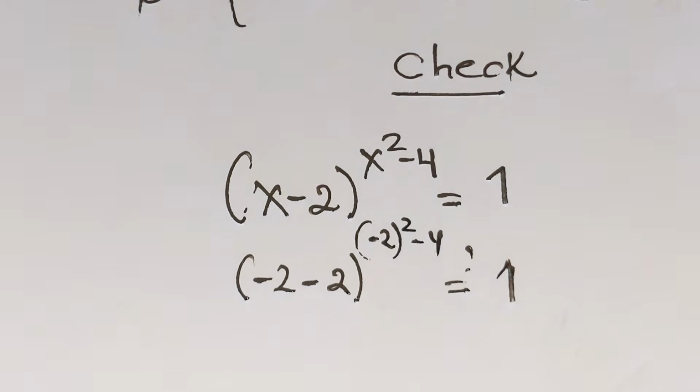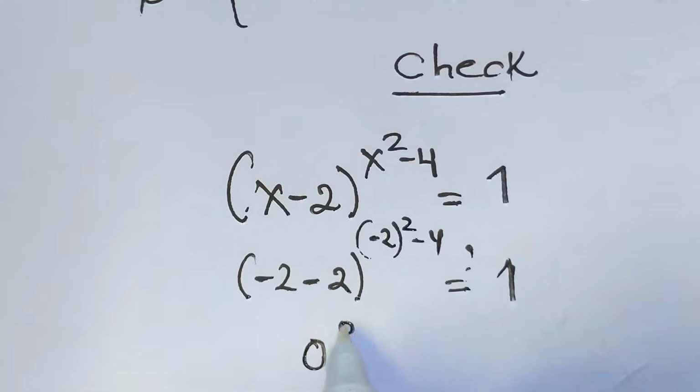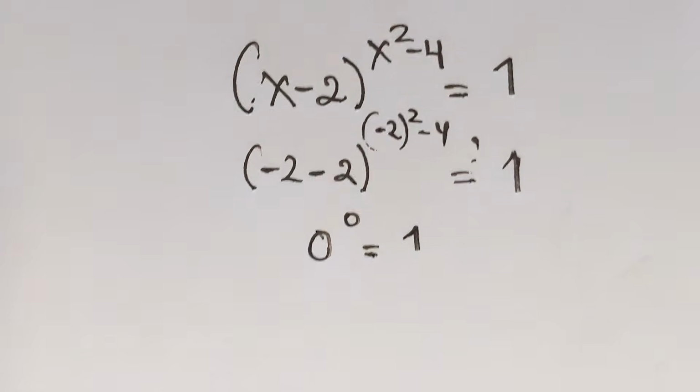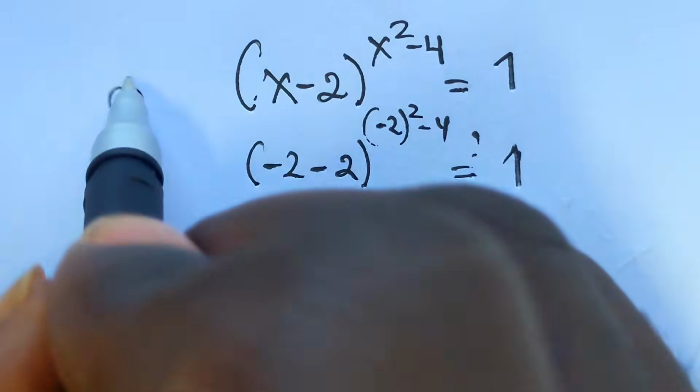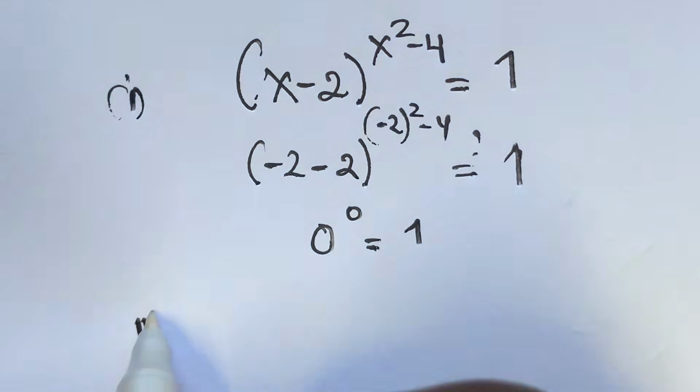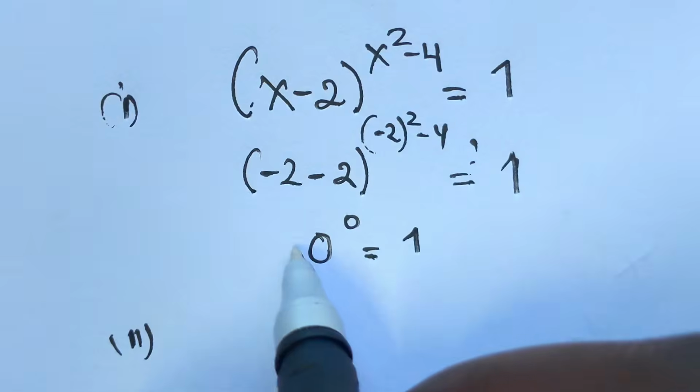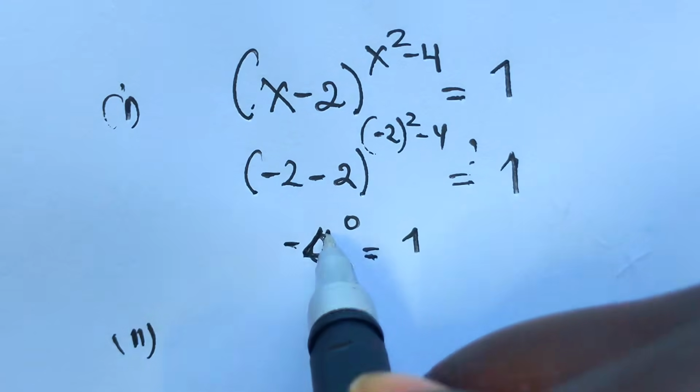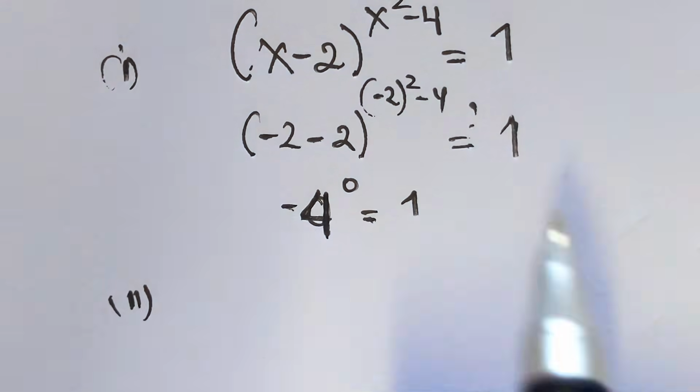Question mark. This is negative 4 power 0, which is equal to 1 exactly. That is the first case.